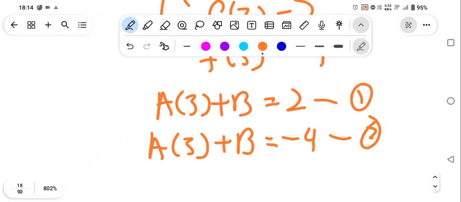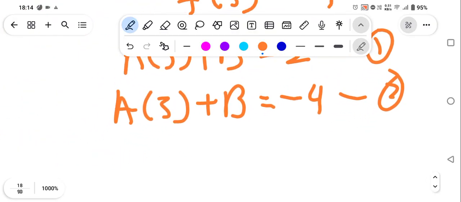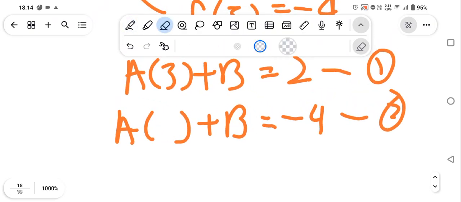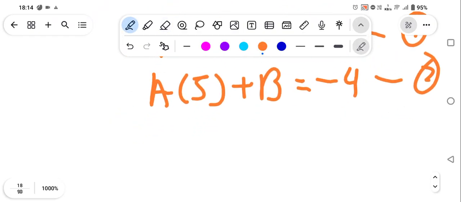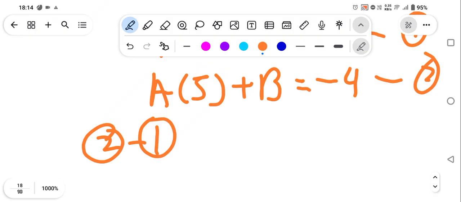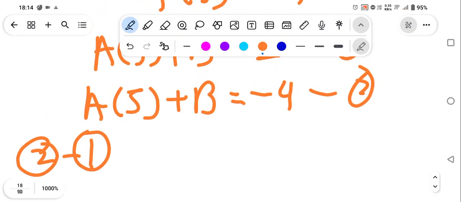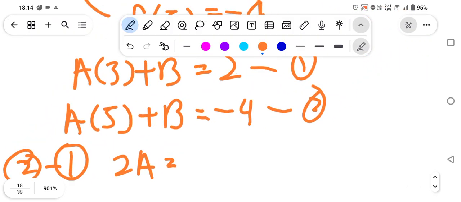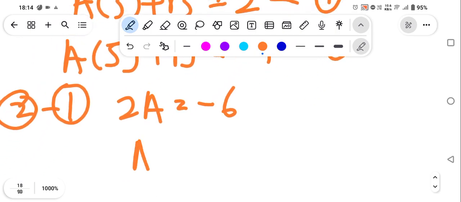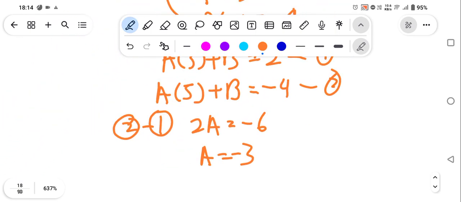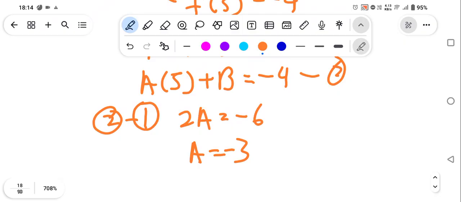This is just a simultaneous equation in 2 variables. Let's do equation 2 minus 1, and we get 2a equals -6. Therefore a is equal to -3.